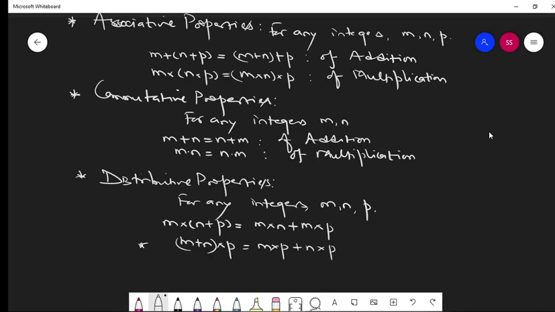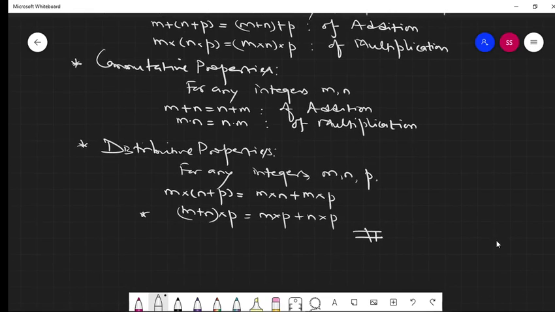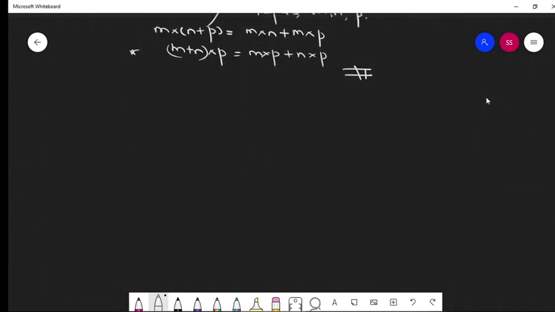This is the distributive property. These are the properties of binary operation, and we can use them in binary operations. Now we have to move to the next very important part, that is Cayley's table. Very important.